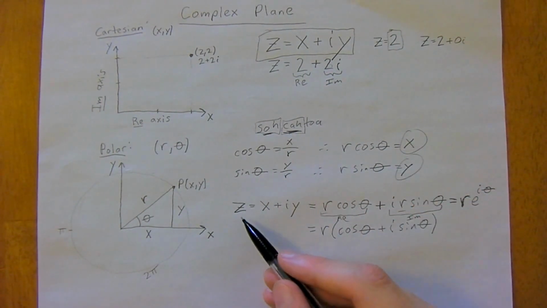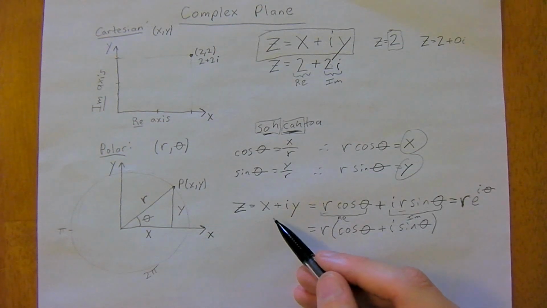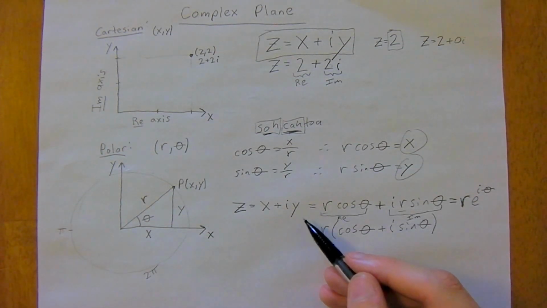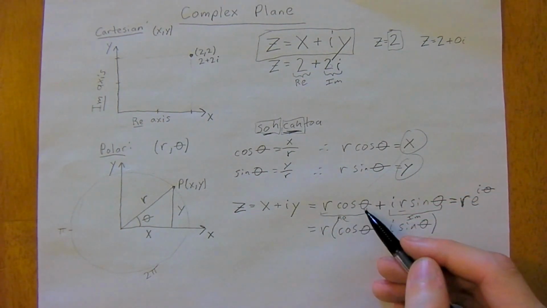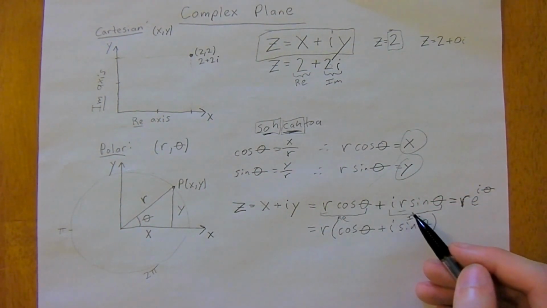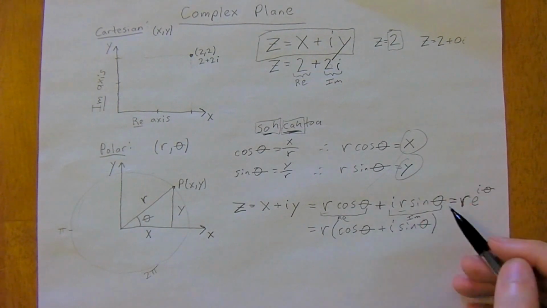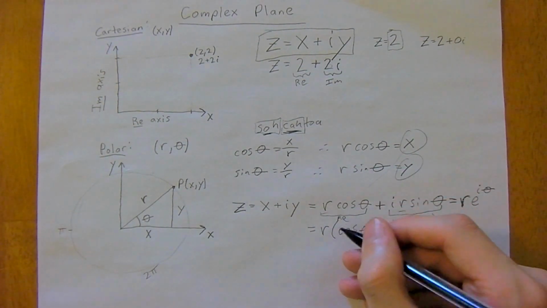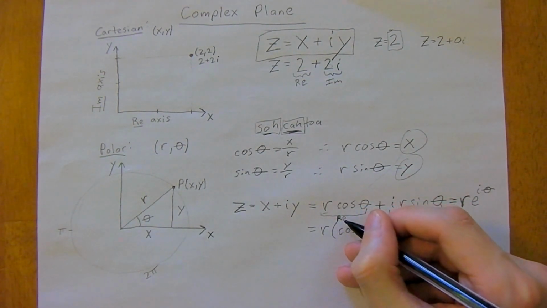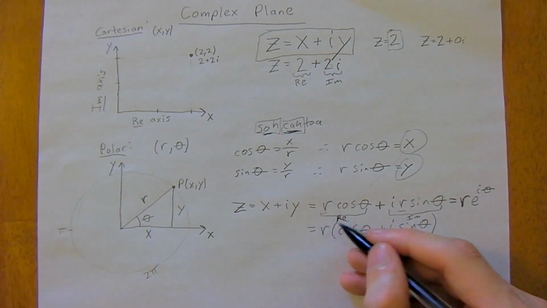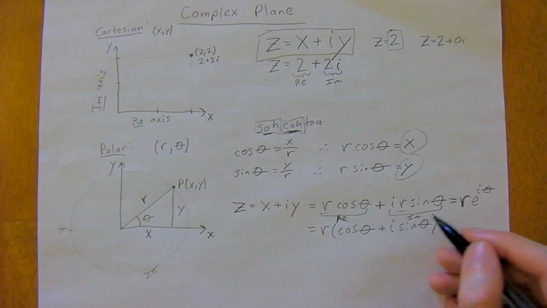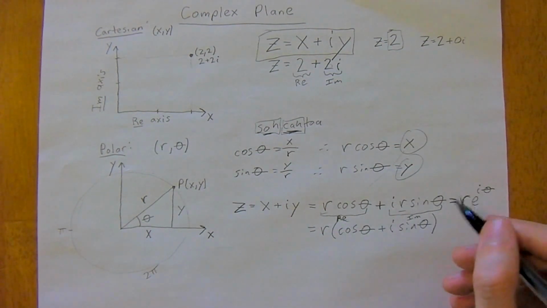So now we have our new equation: z equals x plus iy, which equals, well, x we can swap with r cos theta plus i times r sine theta for y. Just to be clear, this part is still the real part in the polar form, and this part is still the imaginary part.